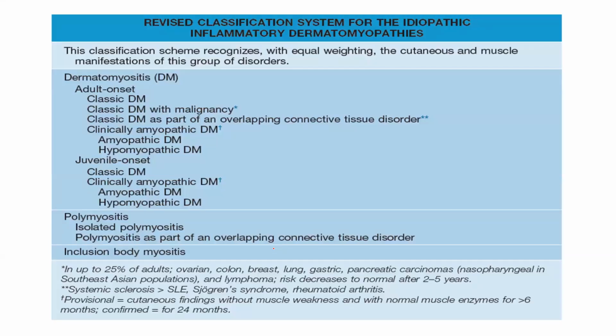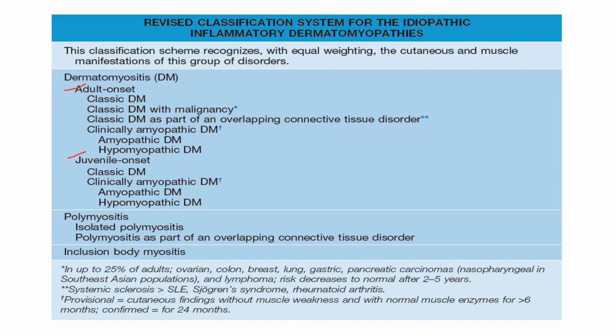This table here tries to categorize and classify dermatomyositis, and it just groups the same disorder, looked at differently. You can look at it in terms of onset, where it will either be adult onset or juvenile onset. Under each of these, it can either be the classical.